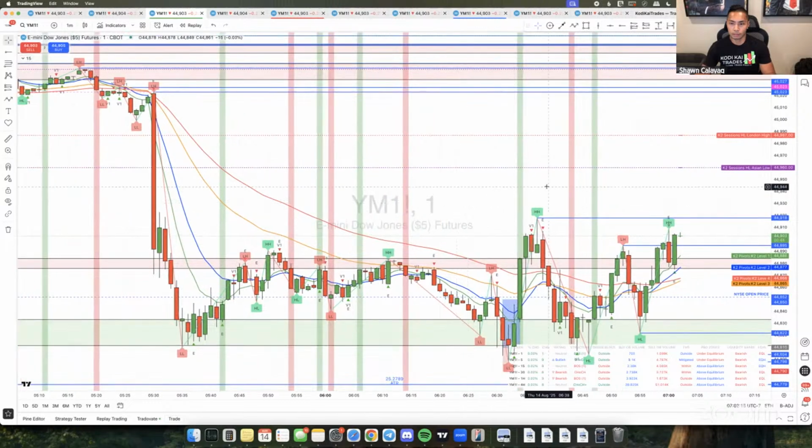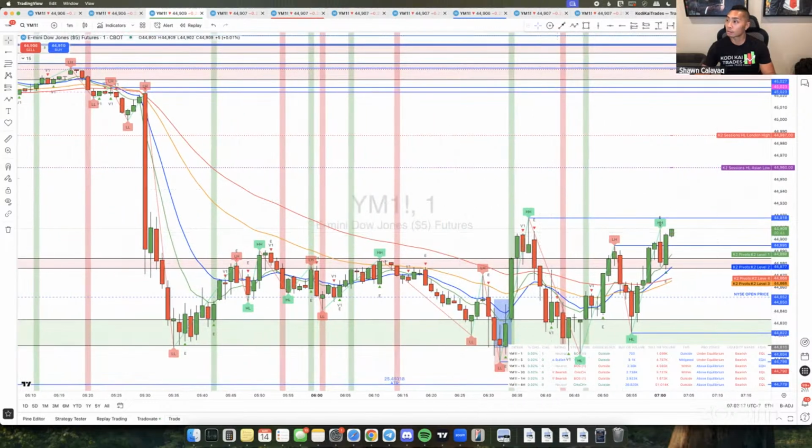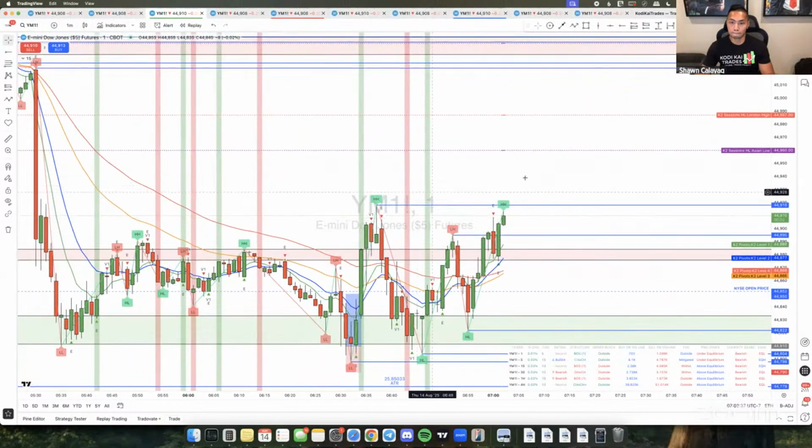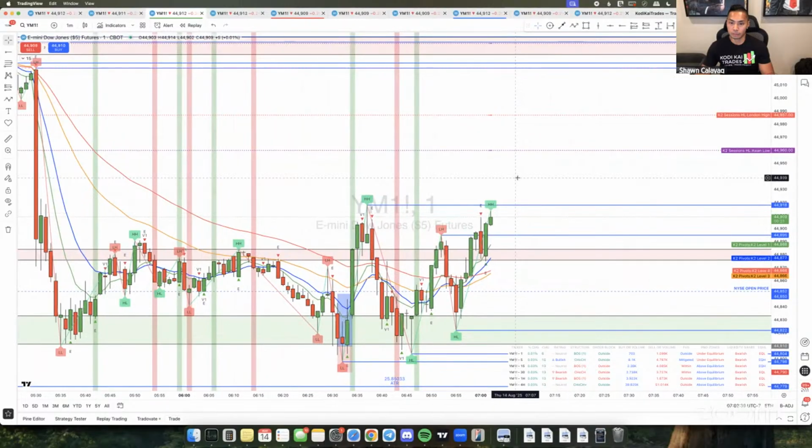So we'll see. Yeah, we'll see where this ends up going. Looks like price is pushing up a little higher. We'll see if we start to get a bullish direction here.